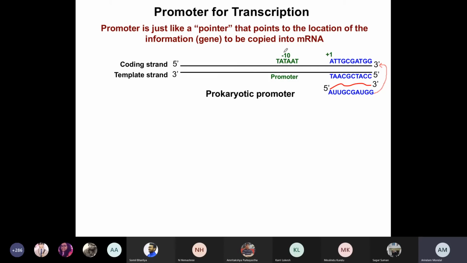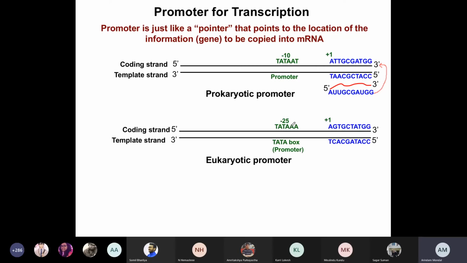Now if we look into the sequence of the prokaryotic promoter, this is how it looks like: TATAAT. If we look into the sequence of the eukaryotic promoter, this is how it looks like: TATAAA. So do you see any similarity or particular feature which is present in the promoter sequences? Anybody wants to answer?